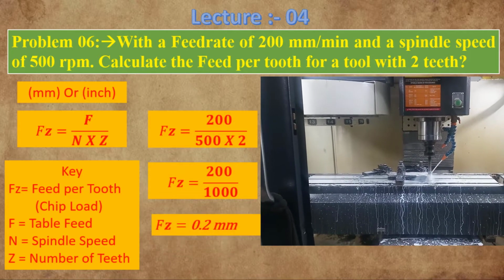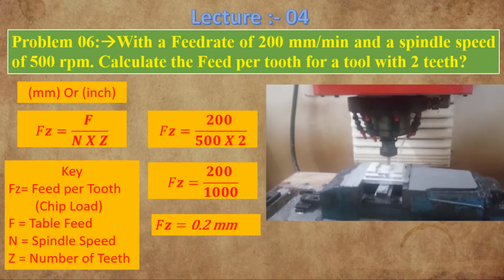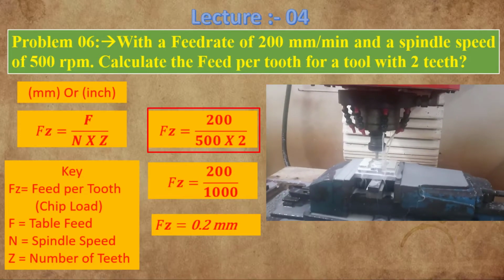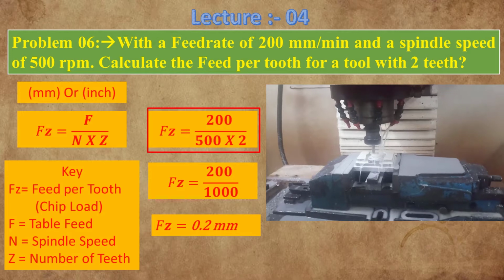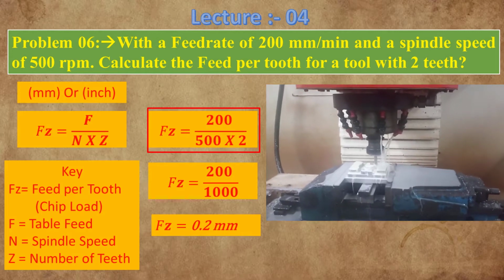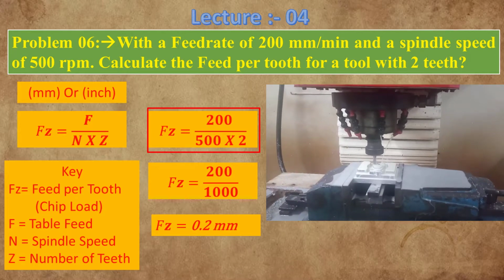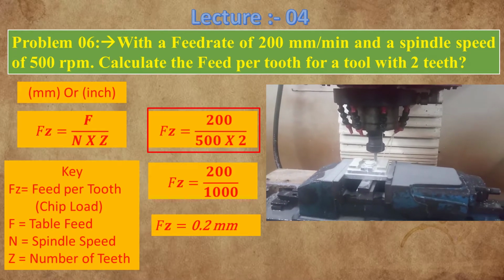Our feed per tooth is represented by Fz, and we give it a table feed of 200 millimeters per minute, so we are in metric this time, and we divide that by our spindle speed of 500 revolutions per minute, multiplied by the number of teeth on our cutter.